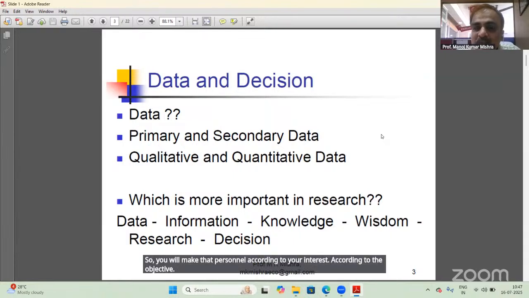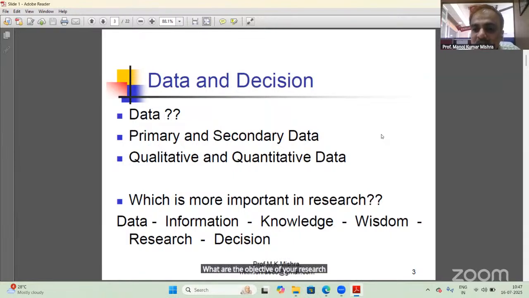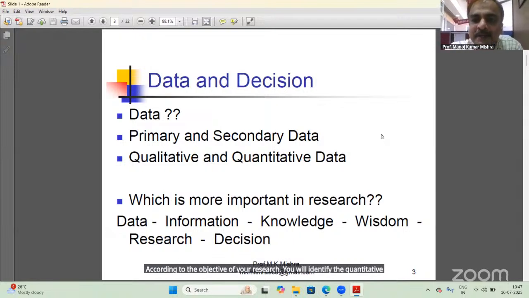What is the objective of your research? According to the objective, you will identify the quantitative or qualitative variables. You are understanding? According to the objective of your research, you will identify the quantitative and qualitative variables.